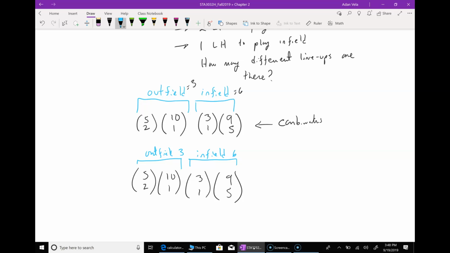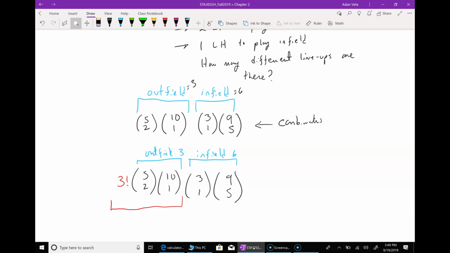The number of ways that I can reorganize these 3 players to play 3 different positions is given by 3 factorial. So I take the total number of combinations of players that I can have in the outfield, and then I look at how many different ways I can assign them to those 3 positions. And so all we need to do is multiply times 3 factorial.